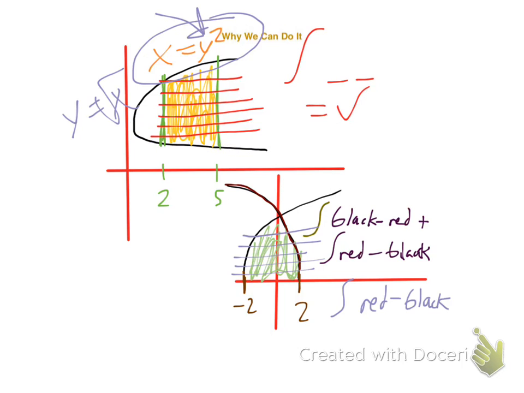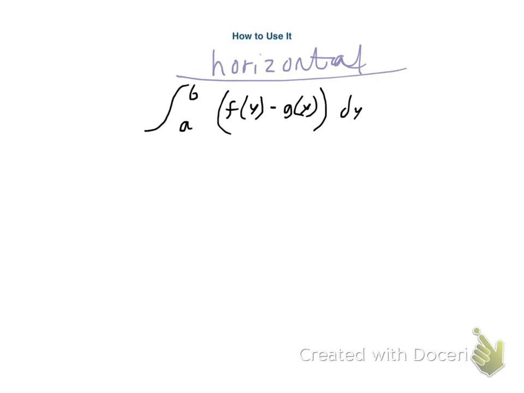Anyway, pretend they give you y equals the square root of x and ask you to find the area. You would first have to solve for x, getting it in terms of y. The formula requires everything be in terms of y, and your a and b also have to be y coordinates.